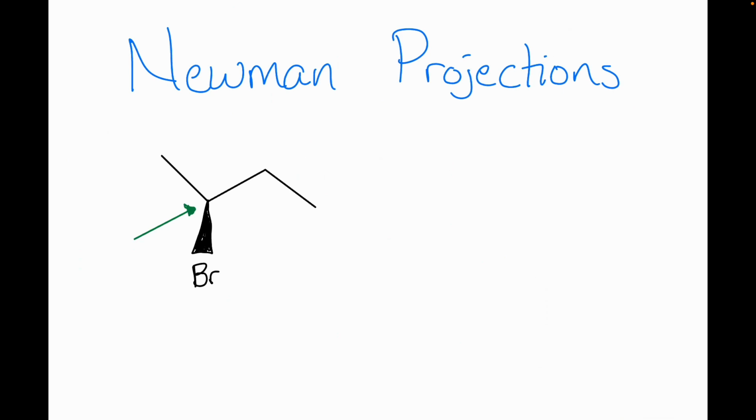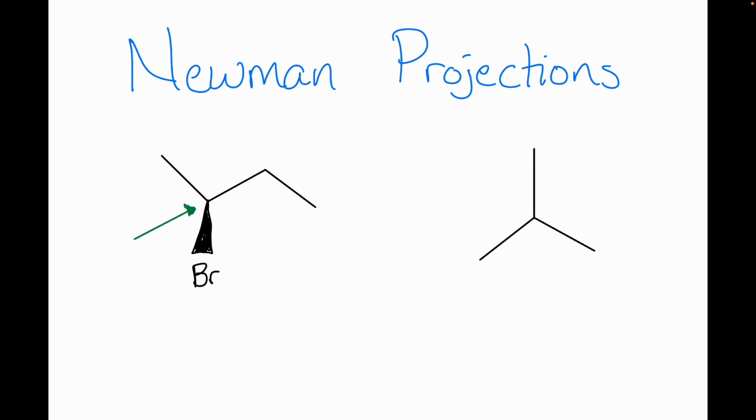Okay, so all of your Newman projections are going to have this same basic structure. So let's draw that in first, and then we'll show you how to decorate it. So you're going to draw like a little Mercedes symbol thing, where you have 3 sticks spaced 120 degrees apart. Okay.